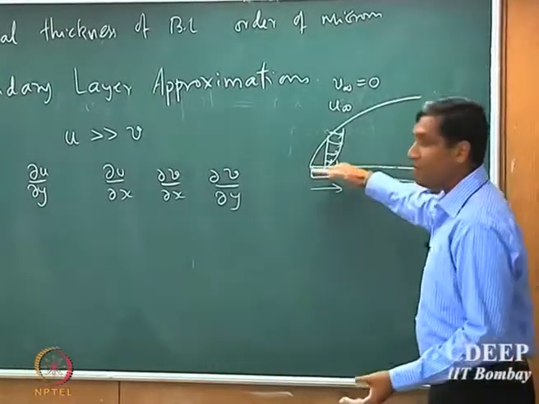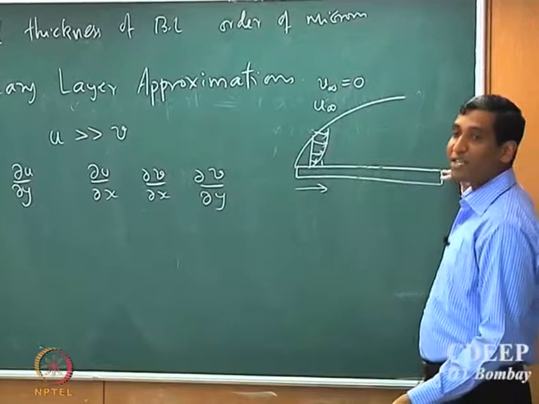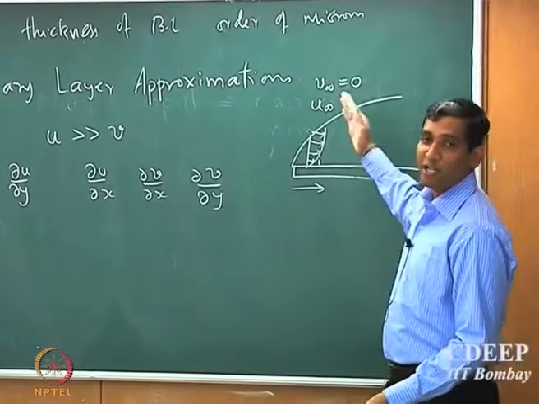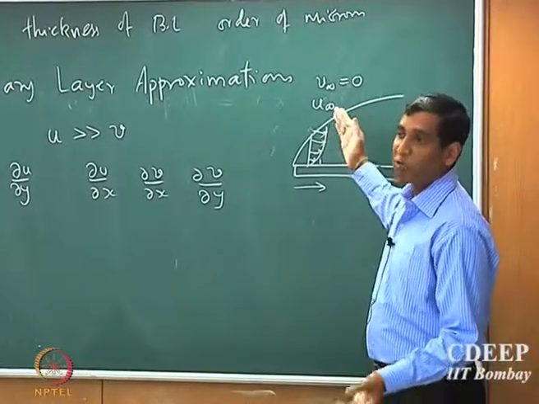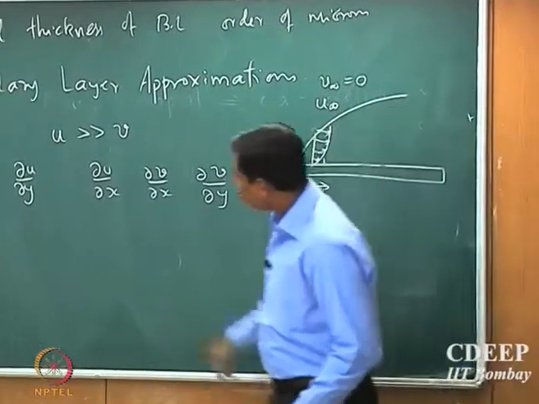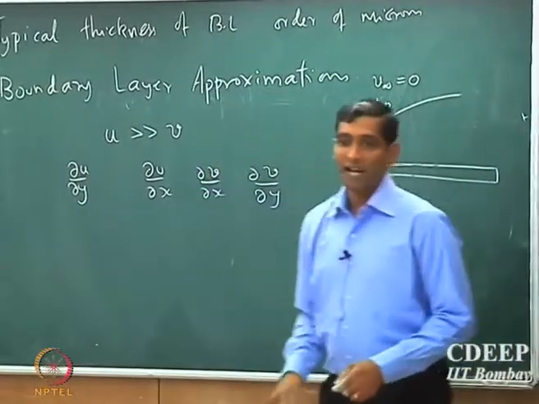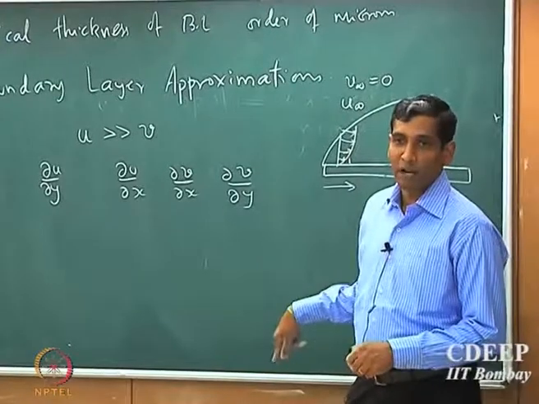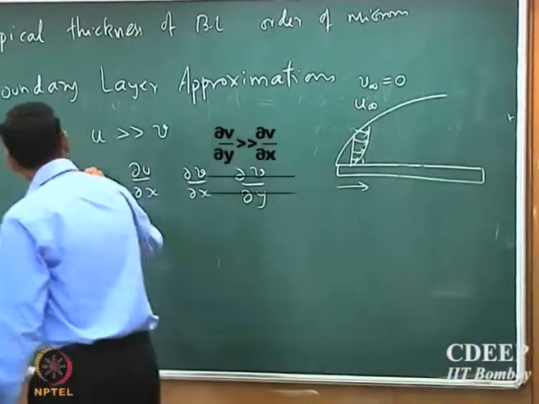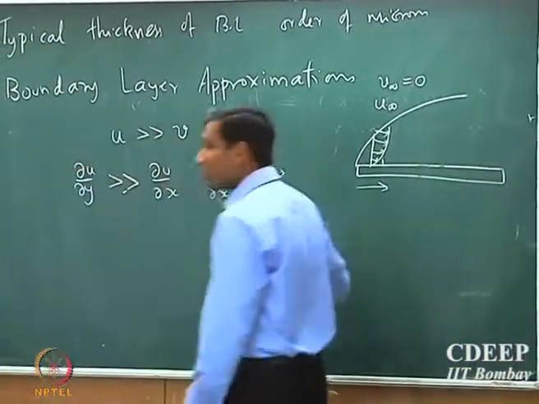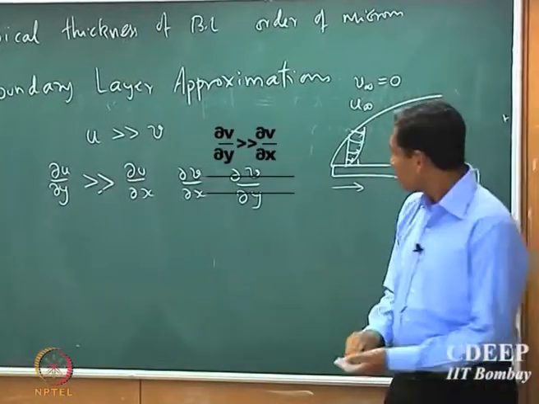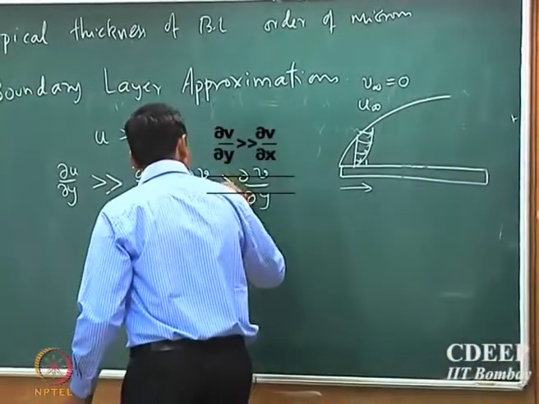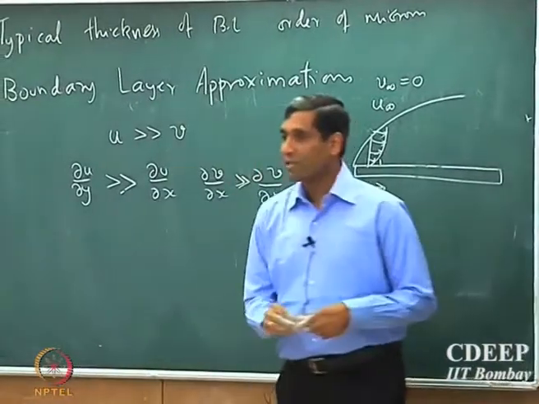It is not facing the friction of the wall, which is much larger than the shear that is offered by the fluid to its own particles, and therefore you would expect that the y gradient of the x component velocity, that is du by dy, is significantly larger than all the other gradients. And in fact dv by dx is larger than dv by dy.